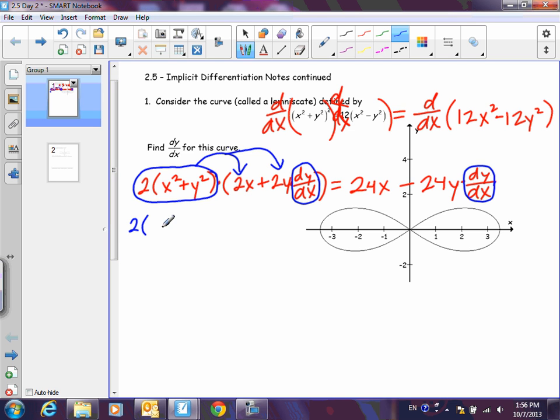So I have the 2(x squared plus y squared), and I'm multiplying it by 2x. That's my first distributing step. Now I need to do this again. So I have plus 2(x squared plus y squared) times 2y dy over dx. And if you can read that, since I'm writing on top of the graph.